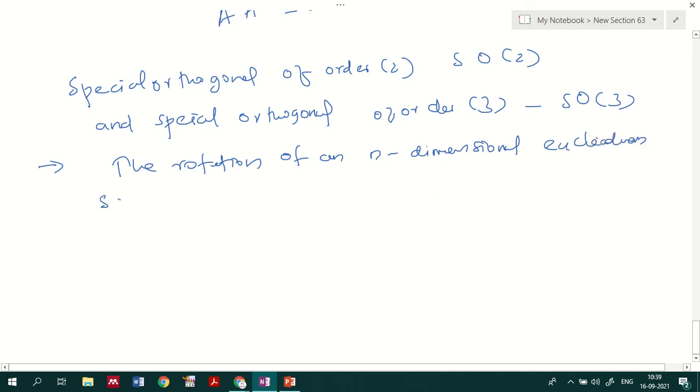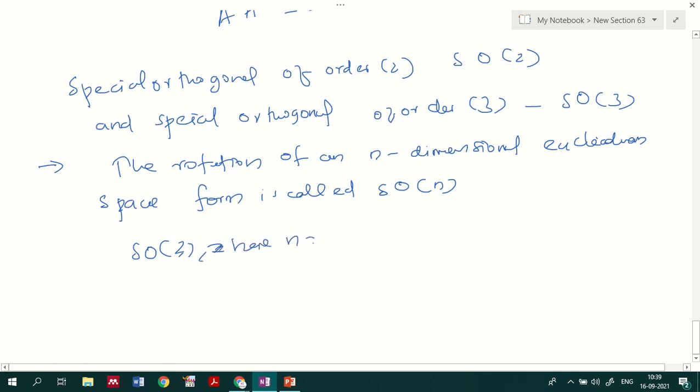Okay, so the Euclidean space form is called SO(n). Now if you represent SO(2), that means n equals 2.